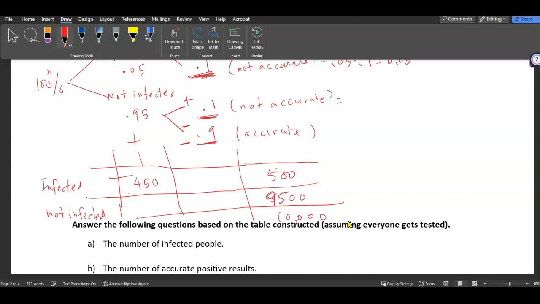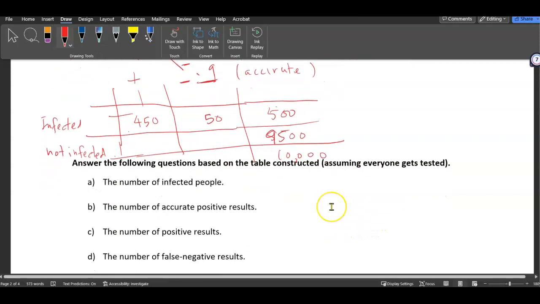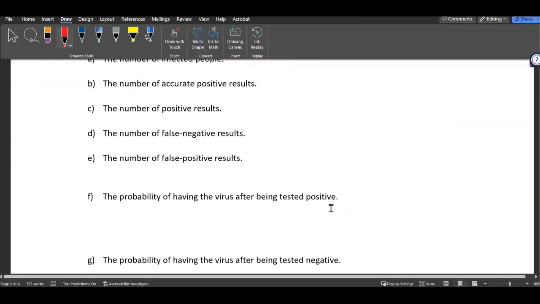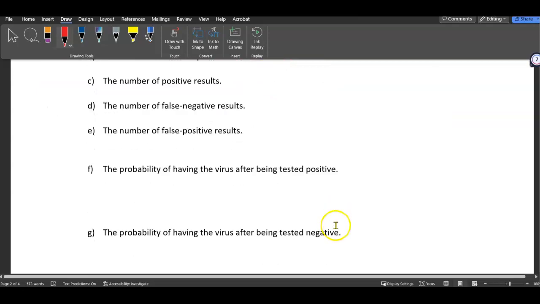And because the total is 500, that should be 50 here. So you can fill in the table that way, and then after you finish the tree diagram and the table, you can better answer all these questions here.